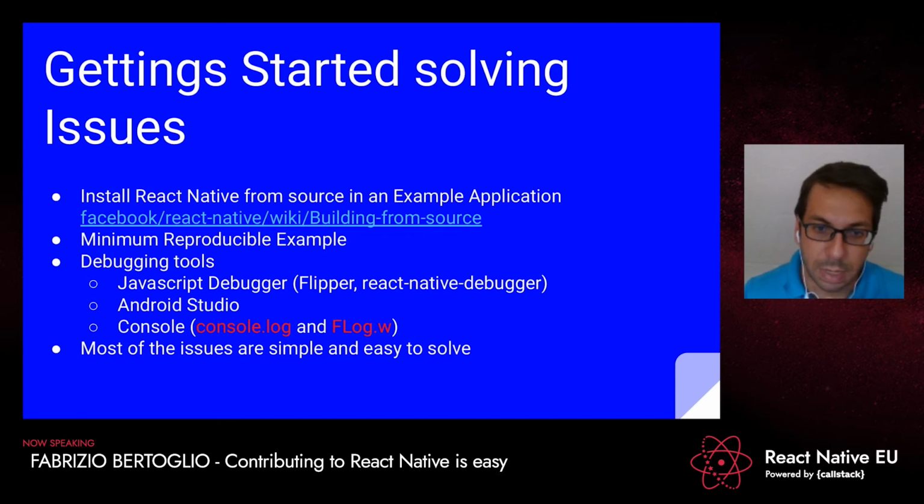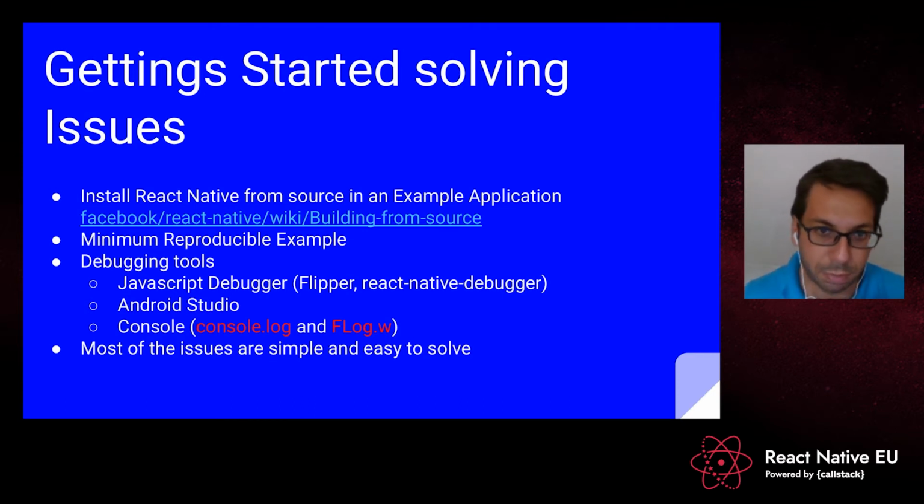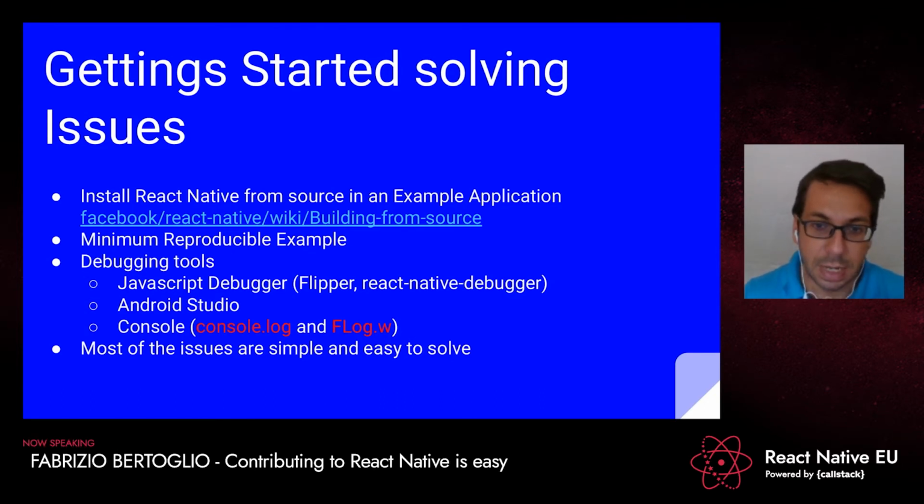Most of the Java React Native libraries are based on the Android API, which rarely has problems. So we just need to understand exactly which part of React Native is not working, and then fix it and find a simple solution for that problem.